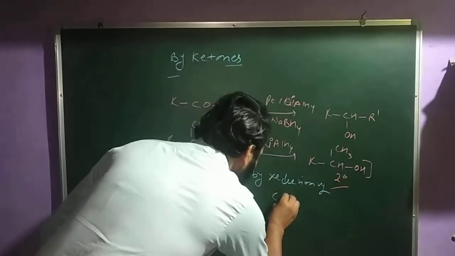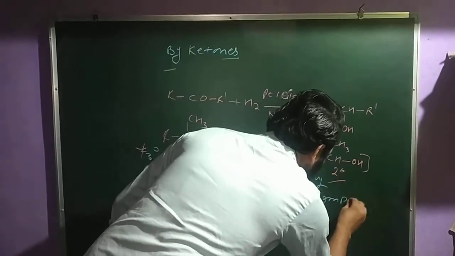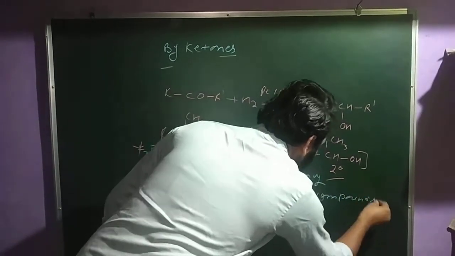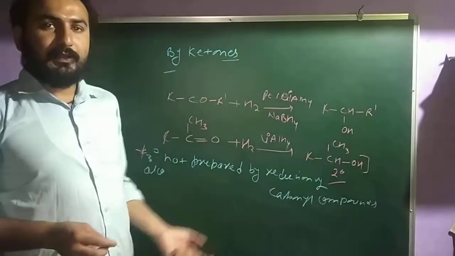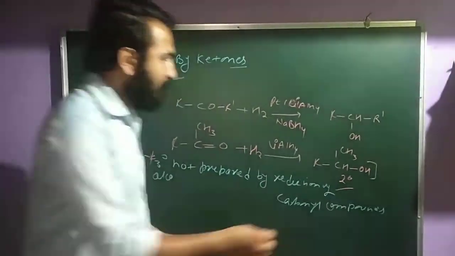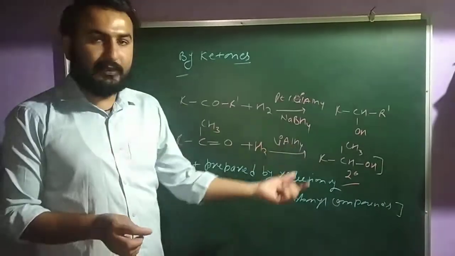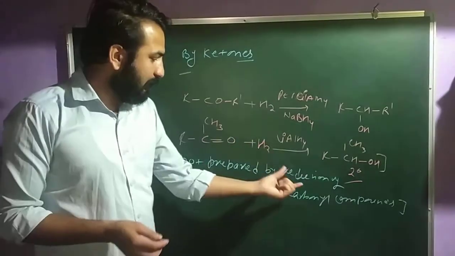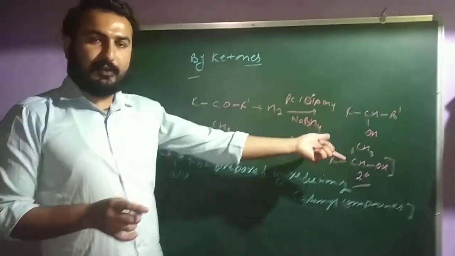Clear? That means you cannot make third degree alcohols by the reduction of carbonyl compounds. Why does it happen? Let's see the mechanism in a short manner. And remember, third degree alcohol is not prepared by the reduction of carbonyl compound.